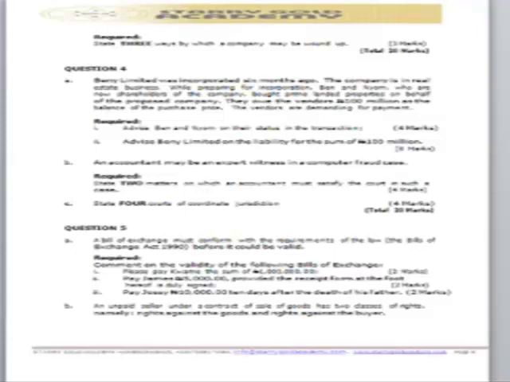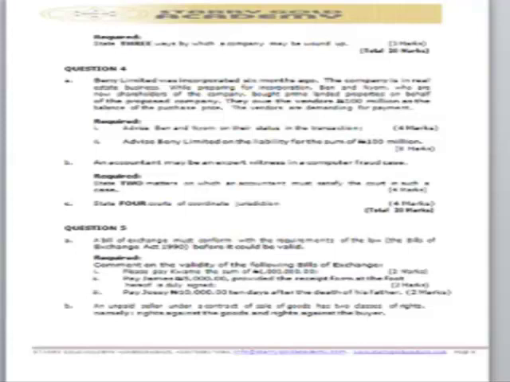We are still under question 4. The B aspect says an accountant may be an expert witness in a computer fraud case. Required: state two matters in which an accountant must satisfy the court in such a case.